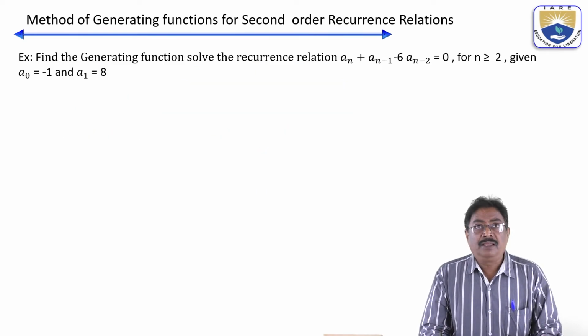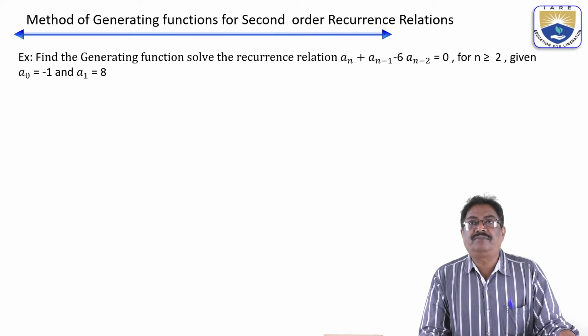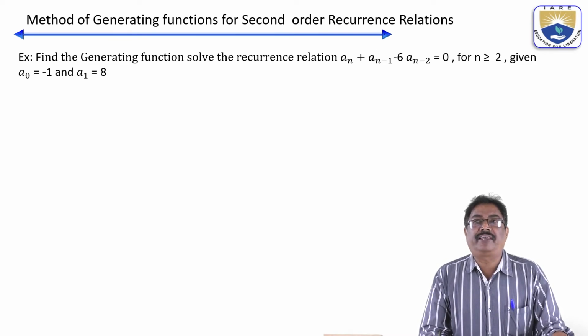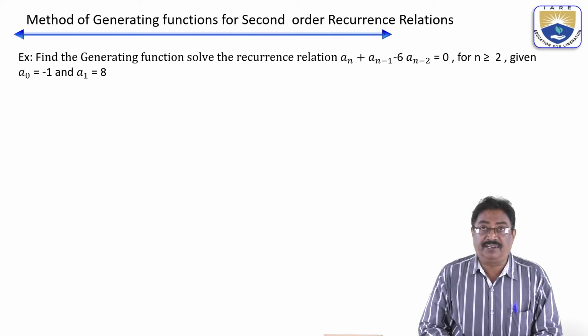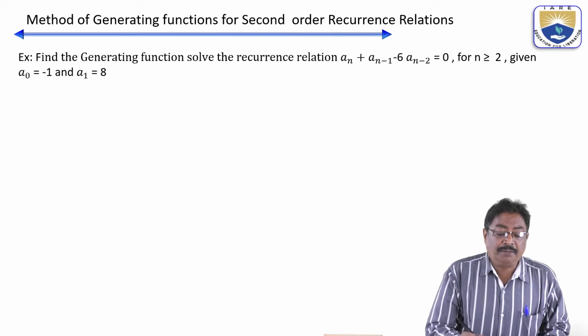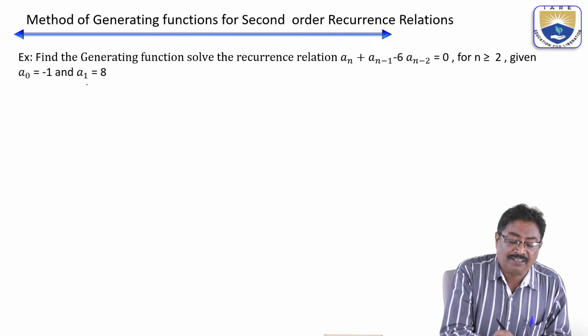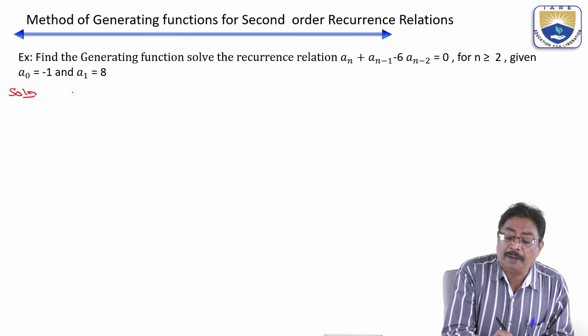Now let us go for one problem. Find the generating function and solve the recurrence relation. For this problem, I am just taking the standard form, taking n equals n plus 1, n plus 2.